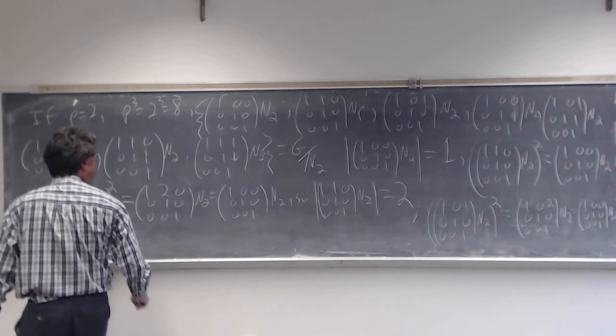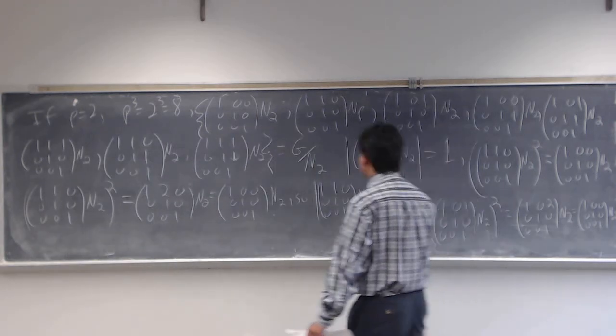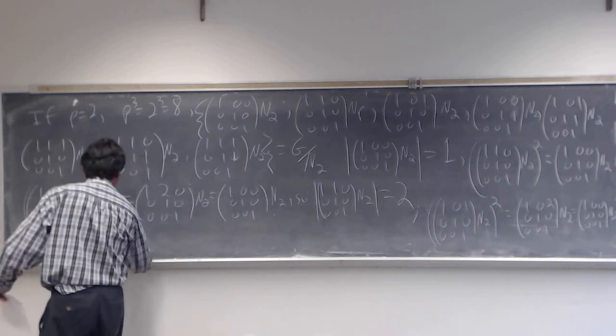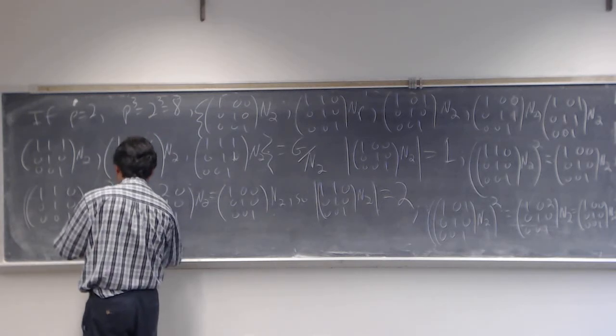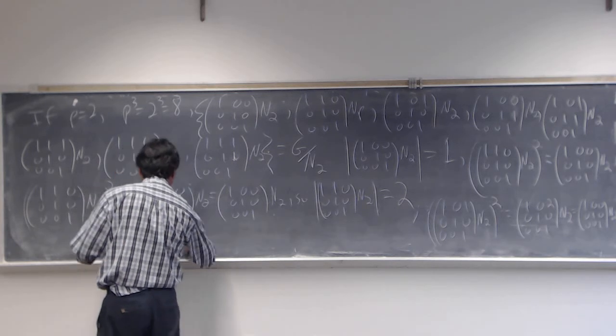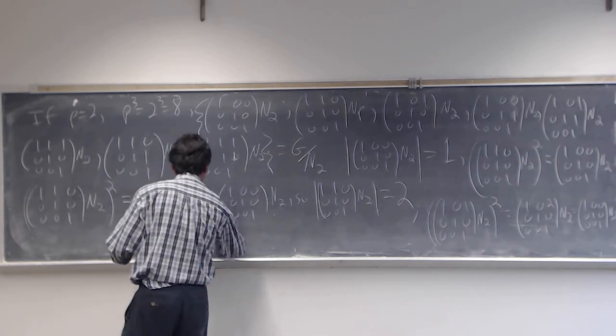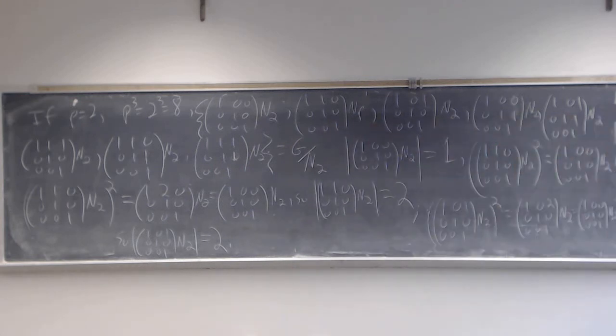So what did I have? So this element here has order 2. Okay, I'm going to erase some of this, but I'd still like to keep the matrices up.